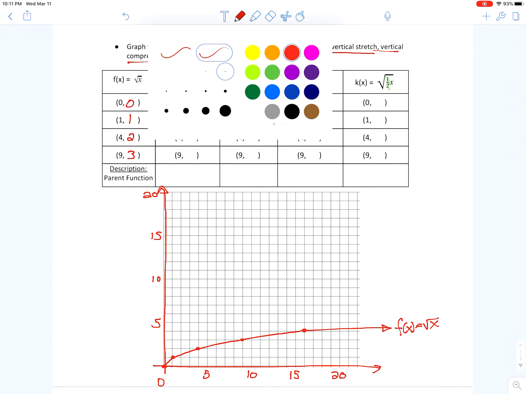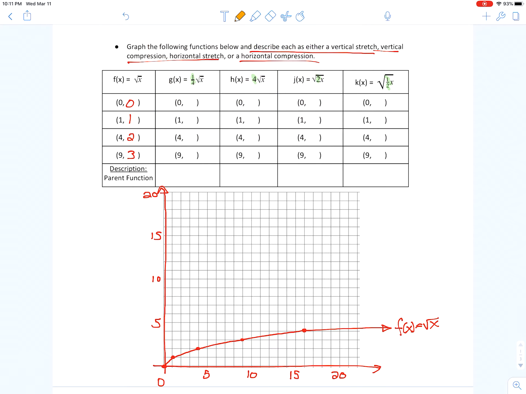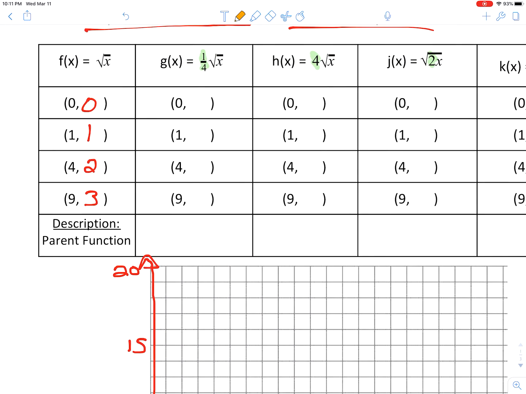Okay, now I'm going to change colors here. Let's make it orange and explore this 1/4 square root of x. We've got you set up to put the same points in there for 0, 1, 4, and 9, but now when the output happens, everything is cut into fourths or divided by 4. 0, 0 will still be a point. Square root of 1 is 1, but 1/4 of that is 1/4.